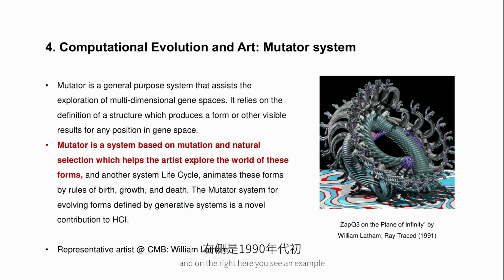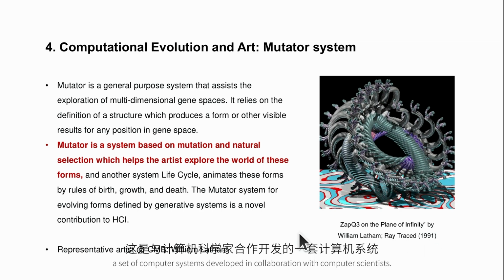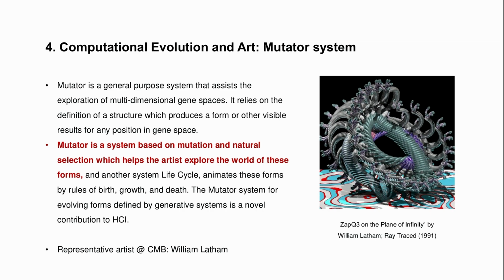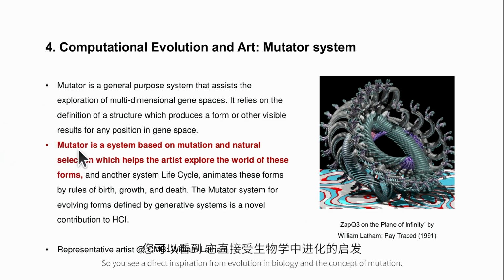And on the right here, you see an example from early 1990s, produced by a set of computer systems developed in collaboration with computer scientists, one in particular called Stephen Todd, that is still working with William Latham today. And the system is called Mutator, so you see a direct inspiration from evolution in biology and the concept of mutation.